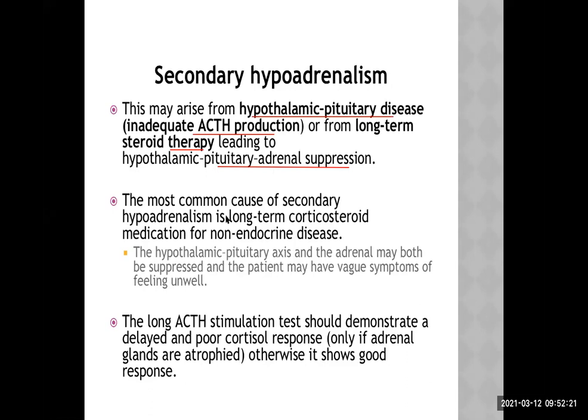The most common cause these days is long-term corticosteroid medication for non-endocrine diseases. Now, you can give different examples here, like bronchial asthma is treated by corticosteroid these days. Connective tissue disorders are treated by corticosteroid. Nephrotic syndrome is treated by corticosteroid. So these are some of the examples you can mention here.